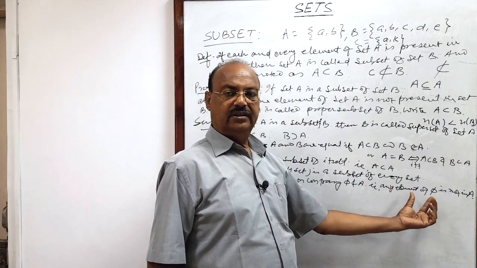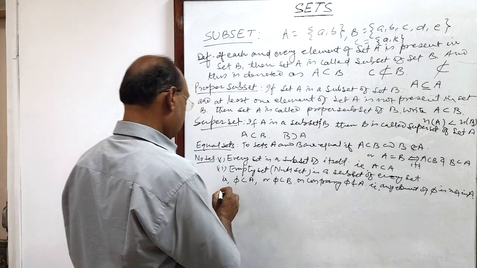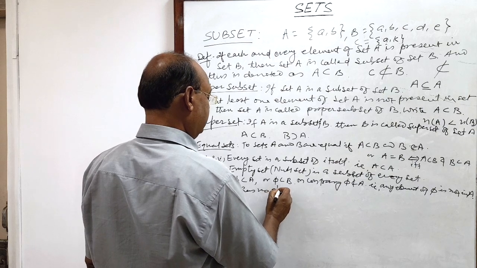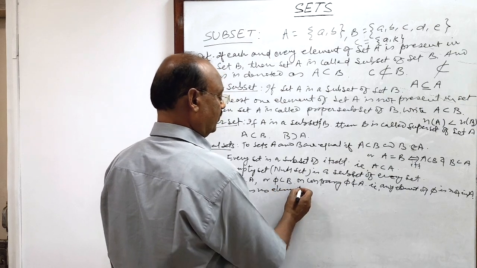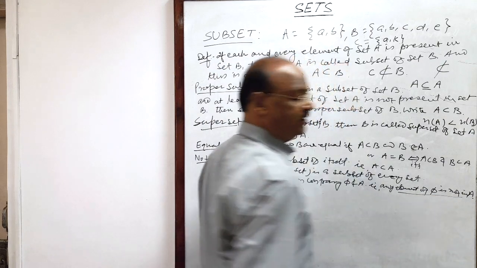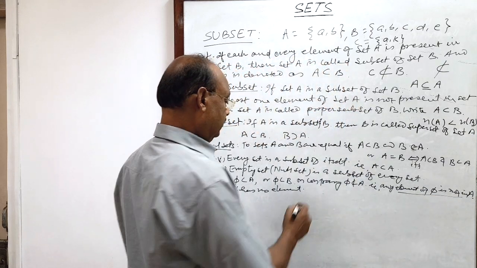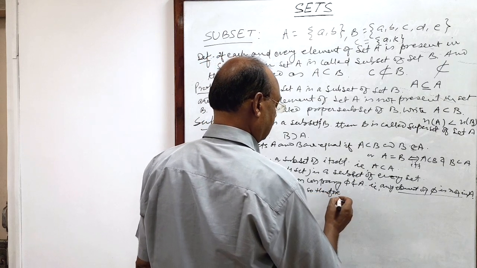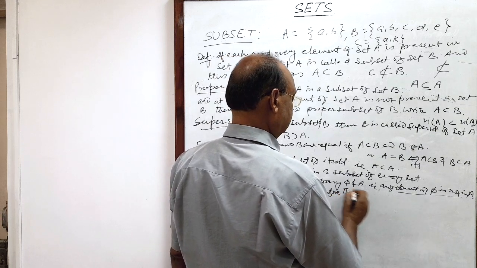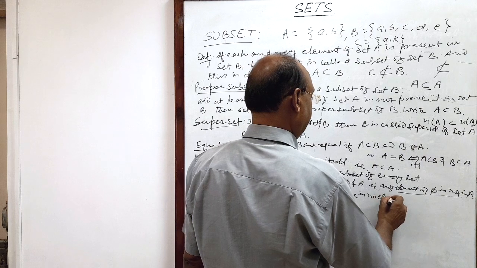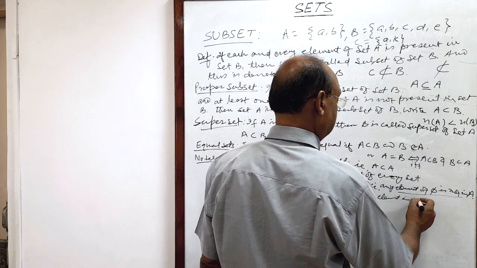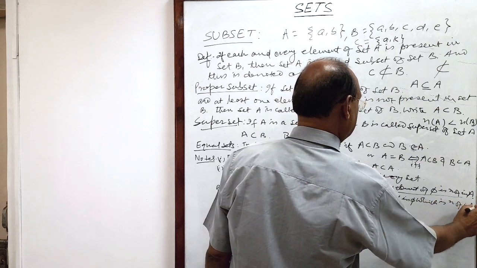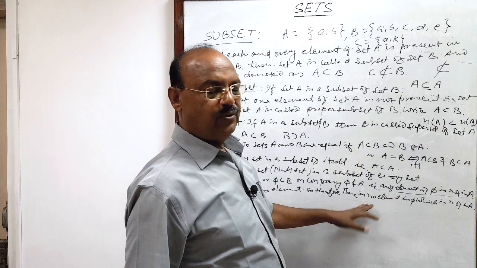So this is contradictory. But phi has no element, empty set has no element. So this part is contradictory. So therefore, there is no element in phi which is not in A, because null set consists of no element.